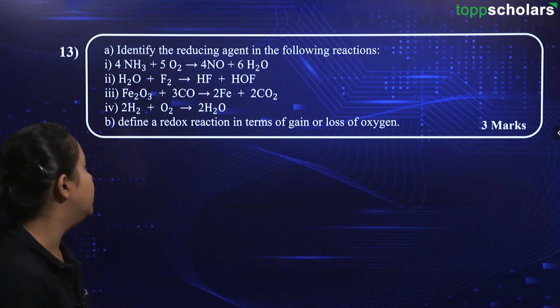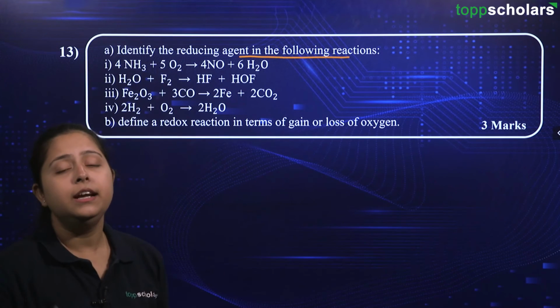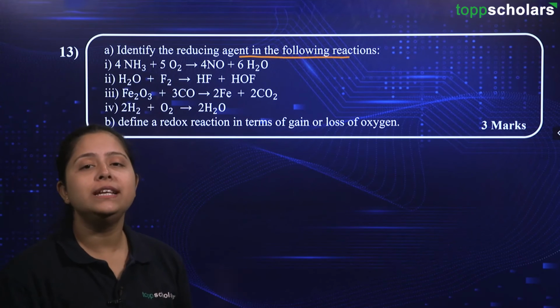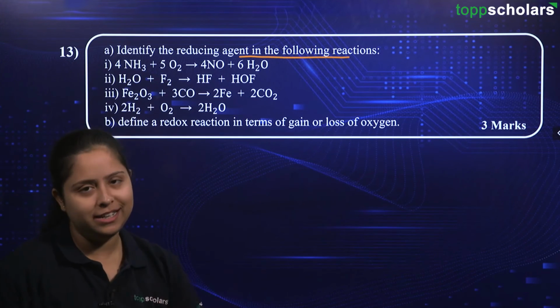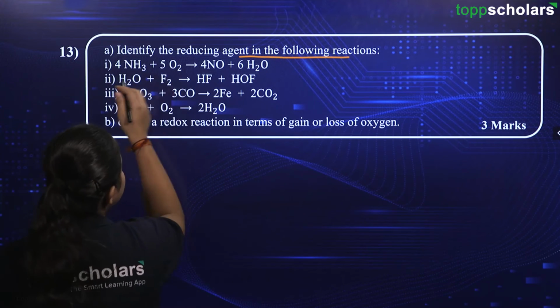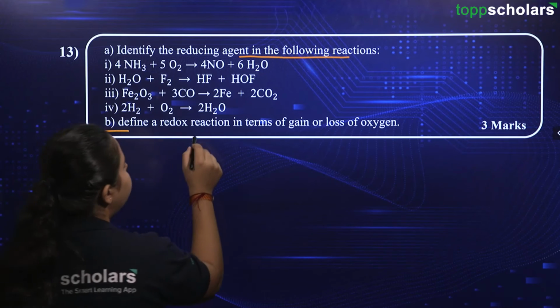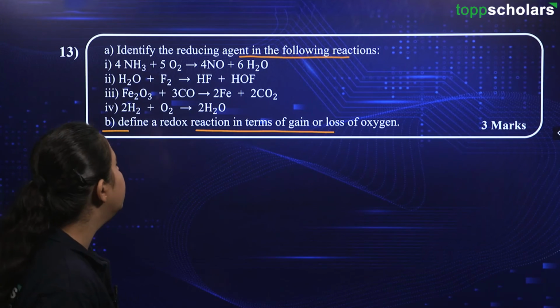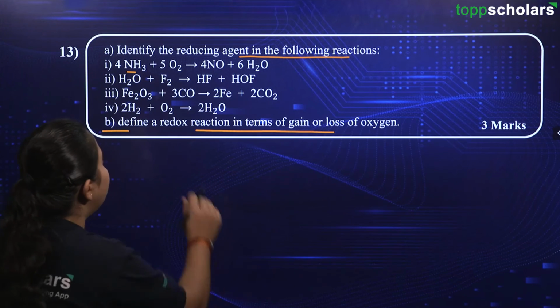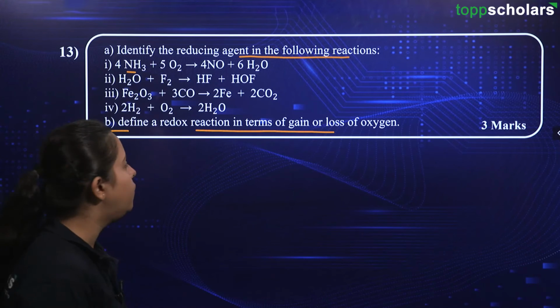The question here is, identify the reducing agent in the following reactions. Remember, we need to identify the reducing agent, which will cause reduction but itself undergo oxidation. Okay. These are the reactions that are provided to us, and then in part B, we need to define a redox reaction in terms of gain or loss of oxygen. Alright. So over here in this reaction, we have ammonia reacting with oxygen, and NO and H2O are formed.